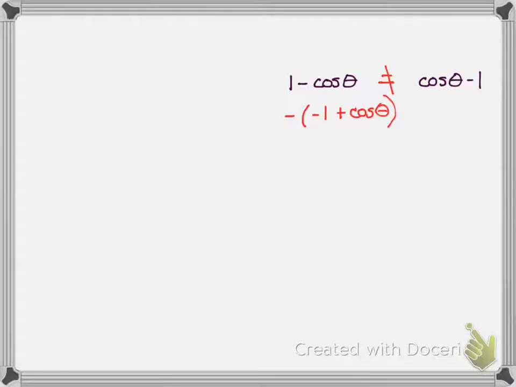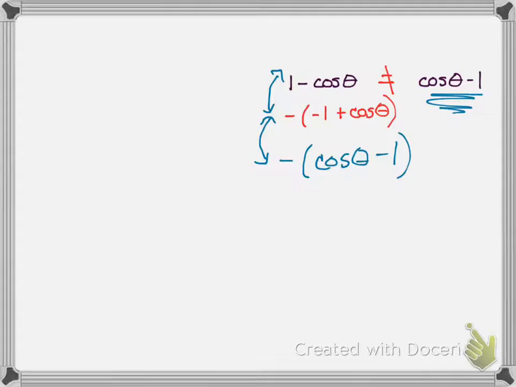So what ends up happening is that we write what's equivalent, okay? If I was to write this again, this would be negative cosine theta minus 1, okay? These are all equivalent, and it's very important that you understand that, which in turn is what we wanted. We wanted to have the same denominator.